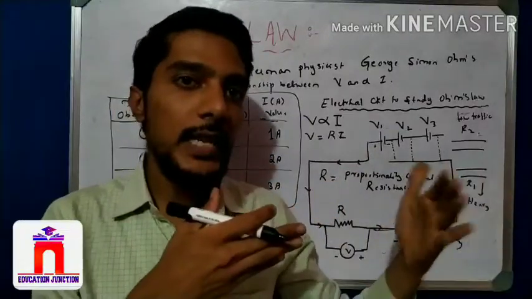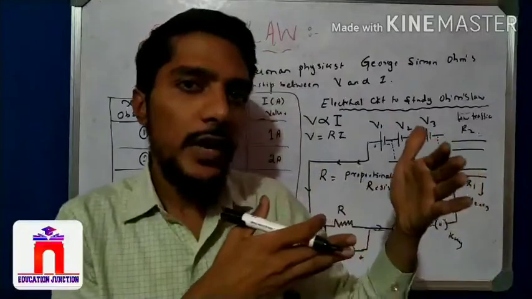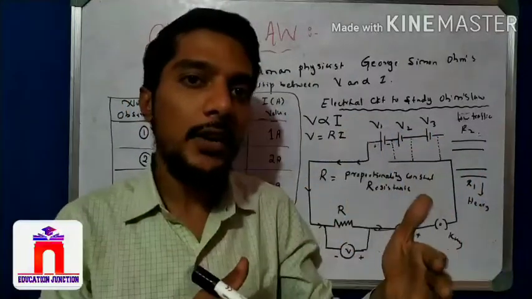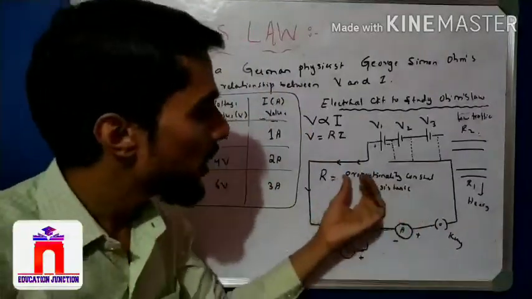Like a bike, for which traffic is the resistance. Whenever the traffic is less, the bike goes fast; when the traffic is very high, the bike's speed decreases. As in daily-life traffic, that is what we call electrical resistance. So what is resistance?